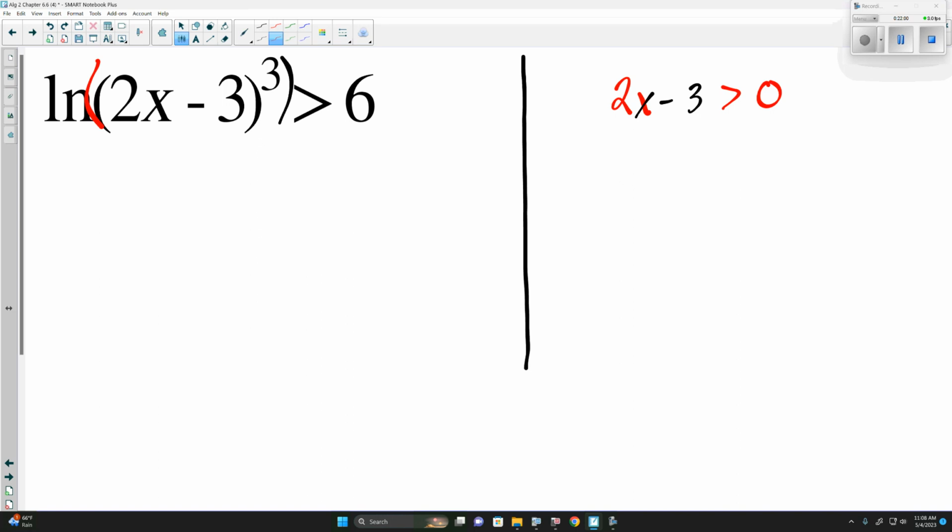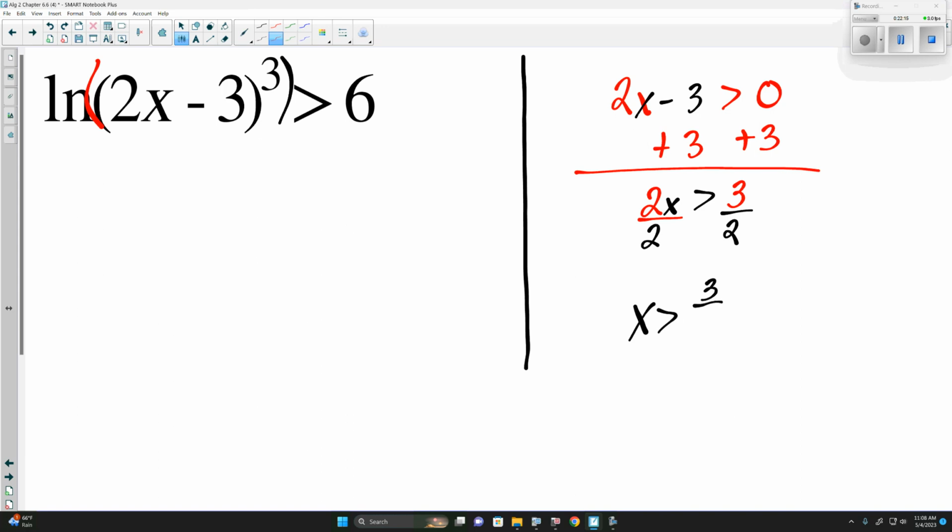Now at this point here, we can add 3 to both sides, telling us that 2x is greater than 3, telling us x has to be greater than 3/2.